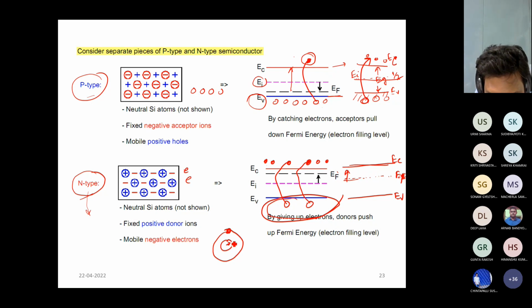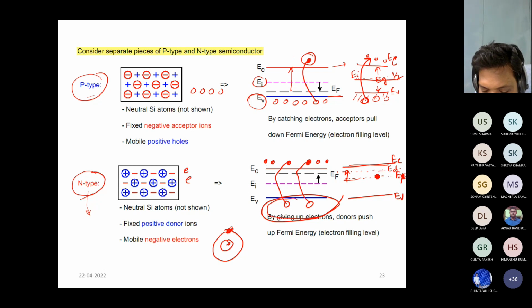The energy required to tear out the loosely bound electron indicates that it is just below the conduction band level. Another energy level we are producing here is known as the donor energy level in the band diagram, at which the electrons of the donor type atoms are residing.